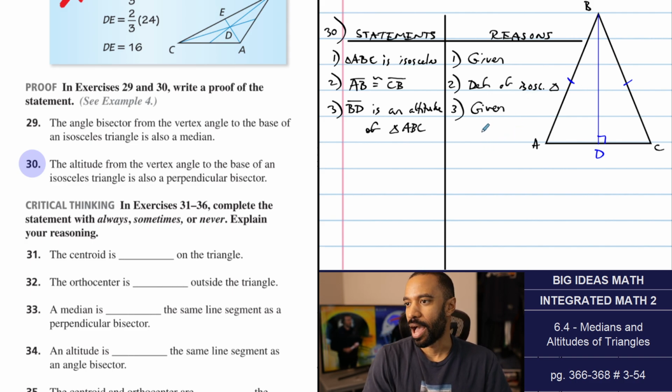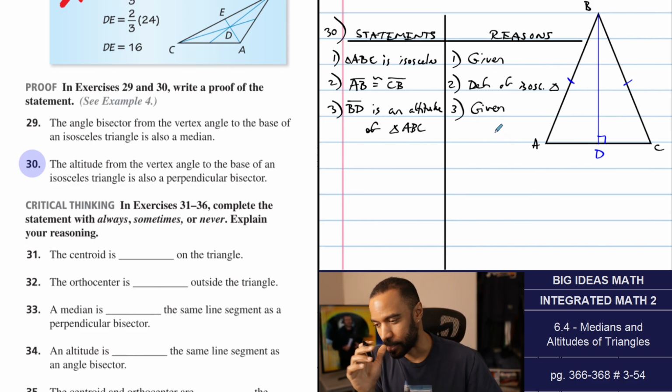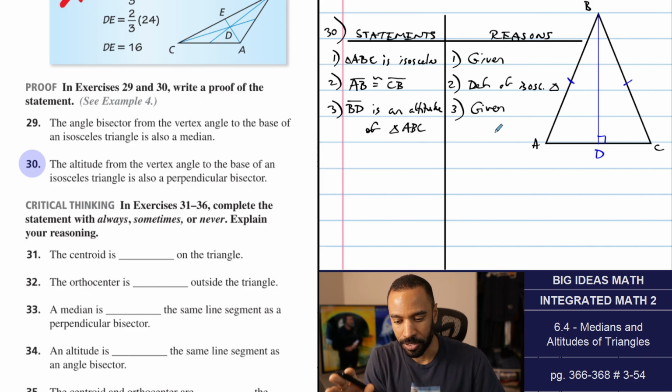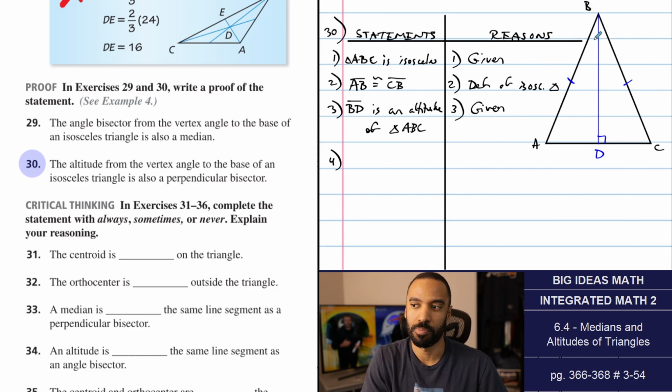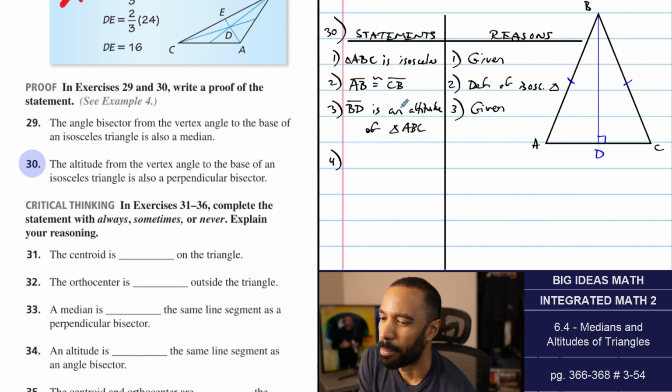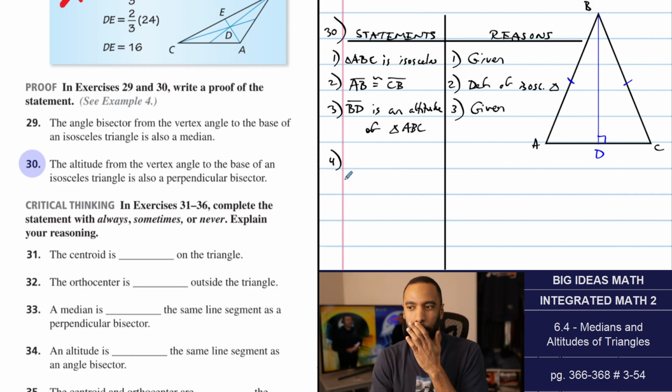Okay, so altitude, so this is one of those things. Does altitude mean I have to state perpendicular? Does perpendicular mean I have to state right angles and all that kind of stuff? Because this can be a lot of steps if I do all of that. And altitude by definition is perpendicular. So I'm going to go straight to the right angle thing.